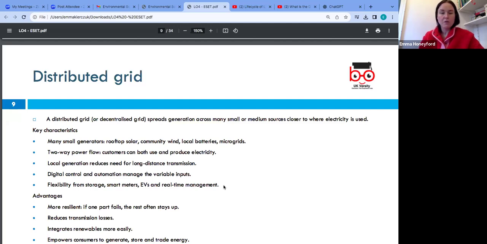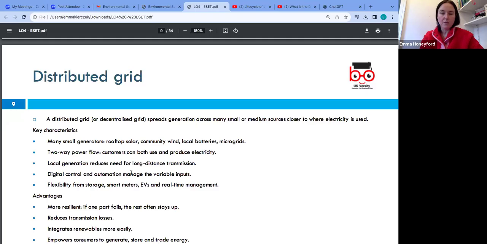Local generation reduces the need for long distance transmission, so you're not going to have that kind of energy loss if you are using local energy supply. It's flexible, with storage, smart meters, EVs and real-time management.